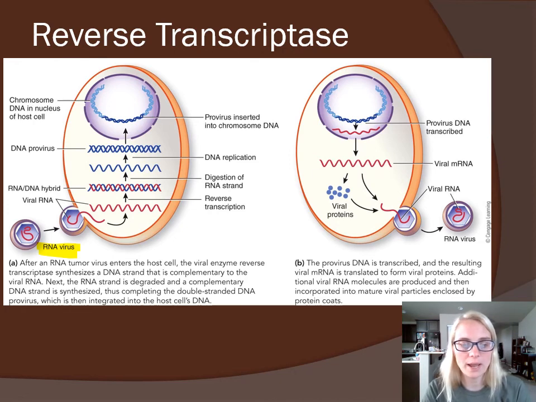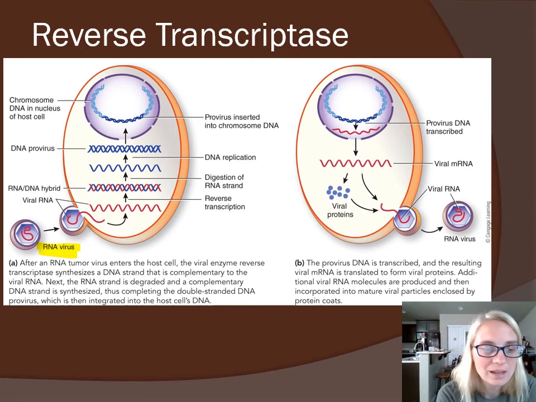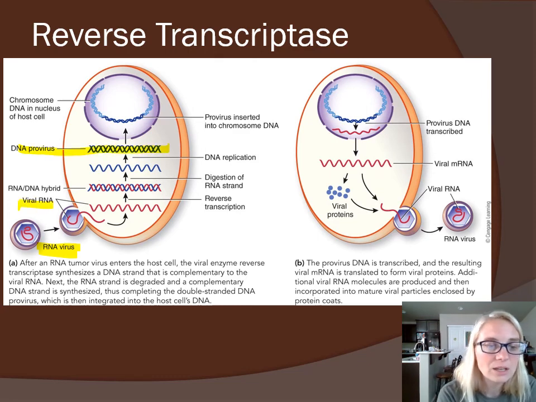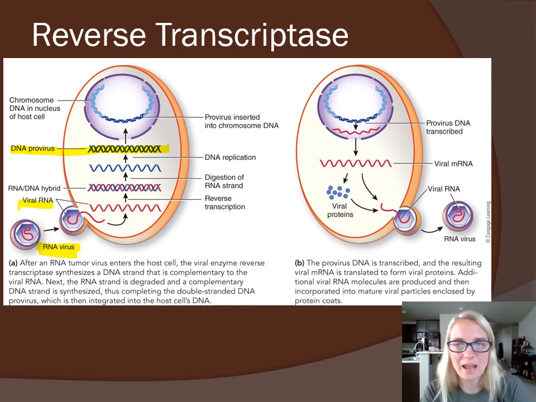They start with RNA. They come into your cell, and instead of being transcribed or translated into viral proteins, they're sneaky in that they have this enzyme called reverse transcriptase that takes their viral RNA and reverse transcribes it into DNA. So it goes from a viral RNA to viral DNA.